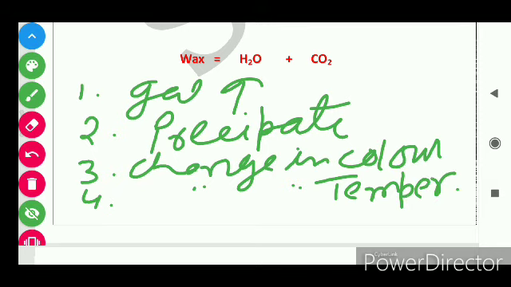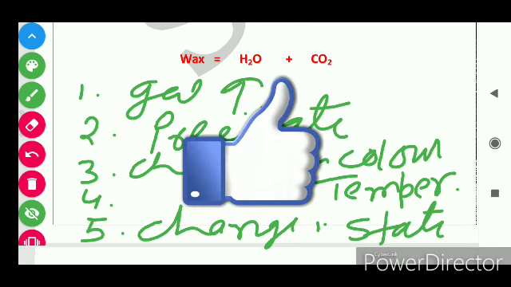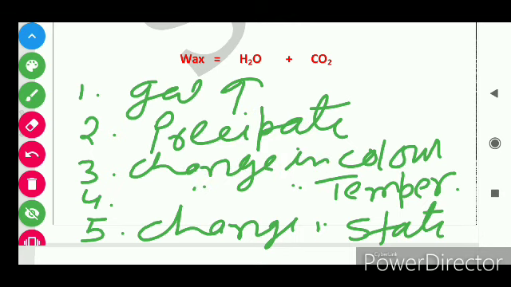And number 5, change in state. These are the 5 most important properties of a chemical reaction. With examples we discussed them. Thank you.